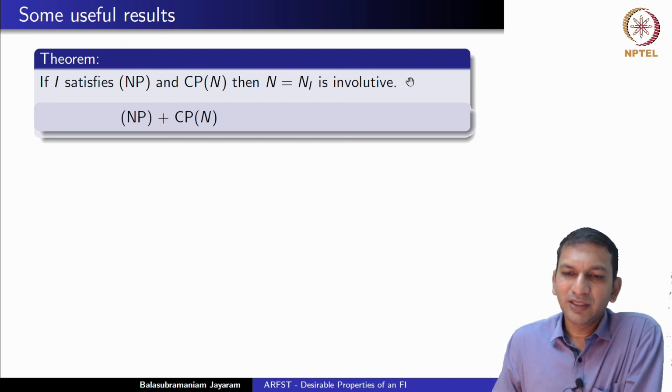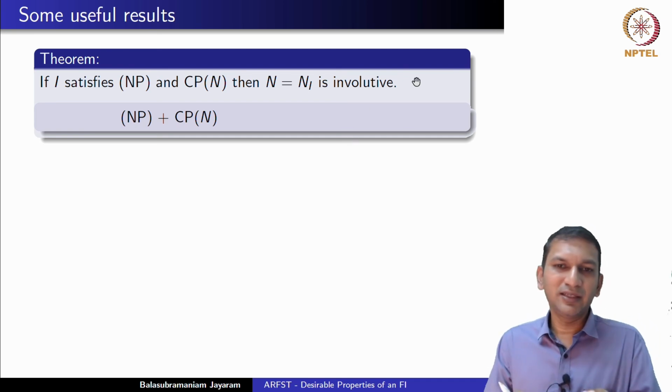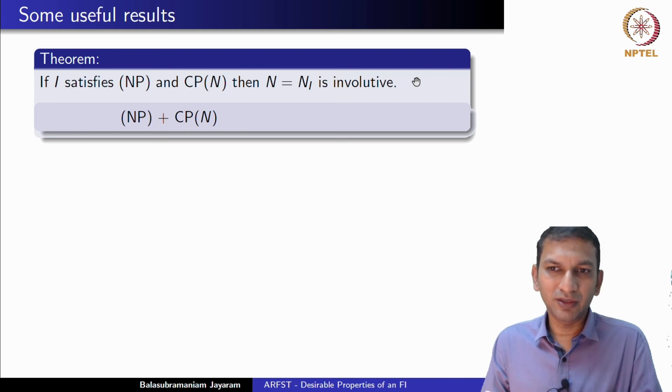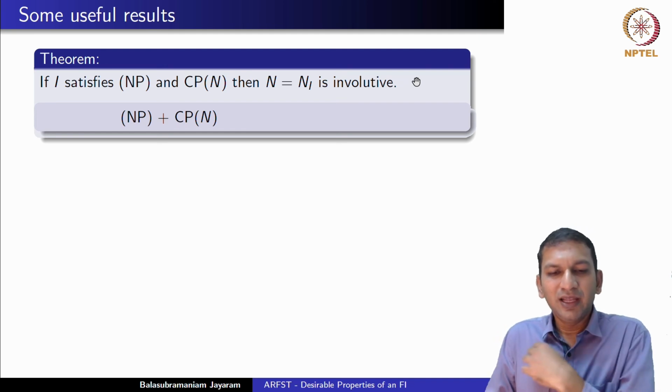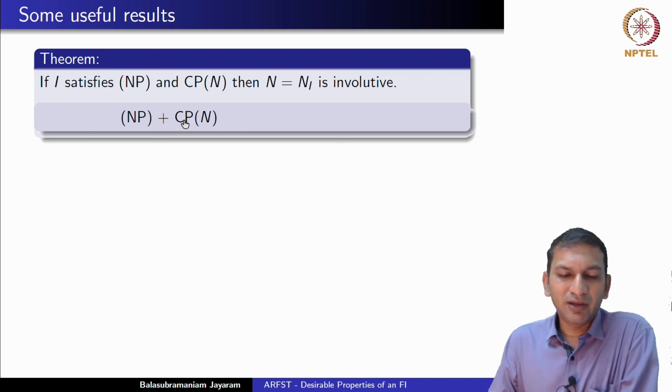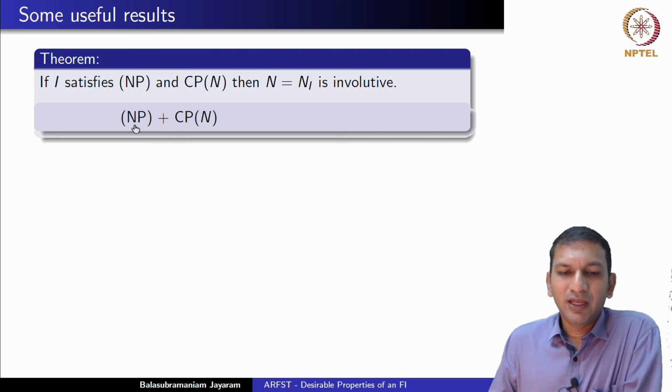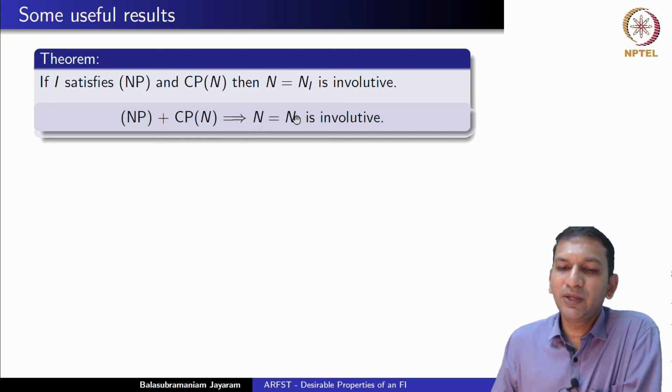For the moment, just to save space and to highlight the important aspects of the result, let's rewrite this result in this form. If an I has NP plus CP(N), that is neutrality property and contrapositive symmetry with respect to some N, it implies that N has to be equal to its natural negation and it has to be involutive.